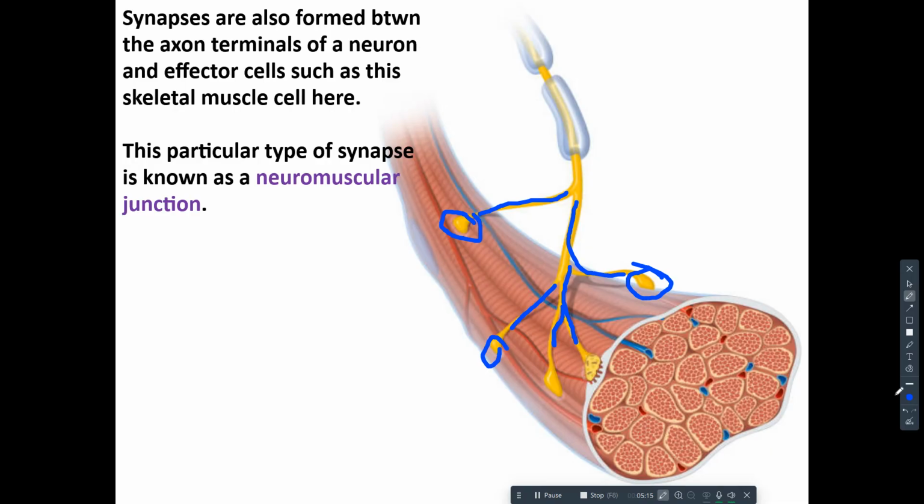And this junction between the axon terminal and the muscle cell is another example of a synapse. Now, in particular, this kind of synapse is known as a neuromuscular junction because it's a synapse, a joining between a neuron and a muscle cell. Okay, good.